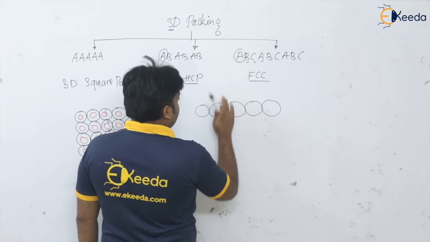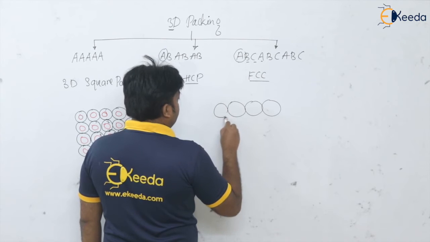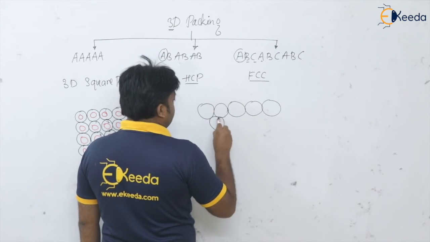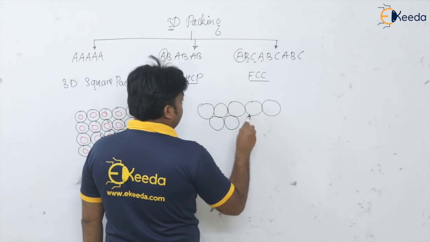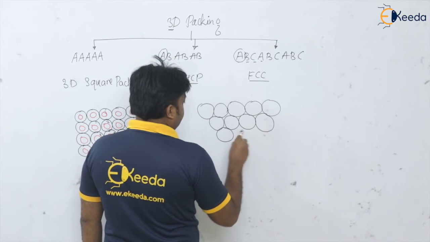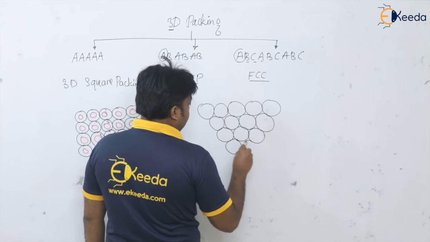We know that this hexagonal packing is more stable than this square packing, because see here, the arrangement is like this. They are stacked like this, isn't it?